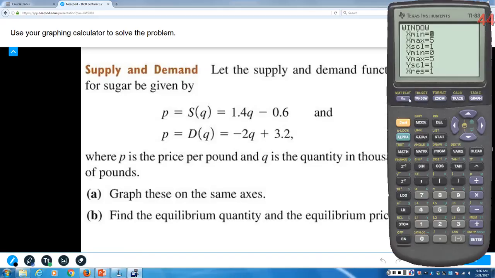Yeah. I'm just going from 0 to 5 for both. Yes. Okay. When you hit your y equals, if you see plot 1, 2, or 3 at the top with a black box over it, put your cursor on that plot, press enter to turn it off. That way it won't interfere with your graph. Okay, did everybody get a graph?